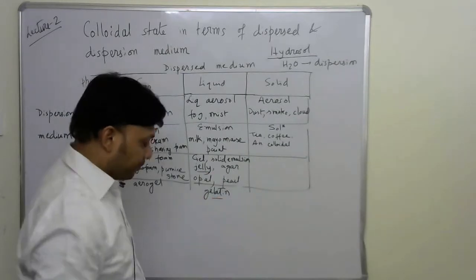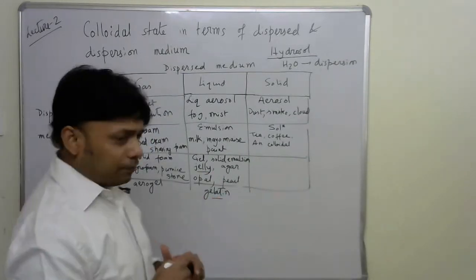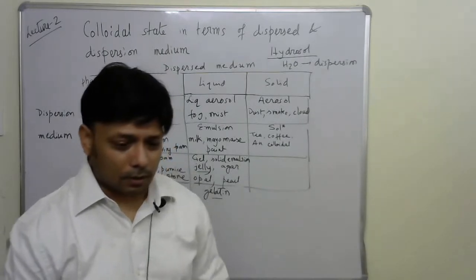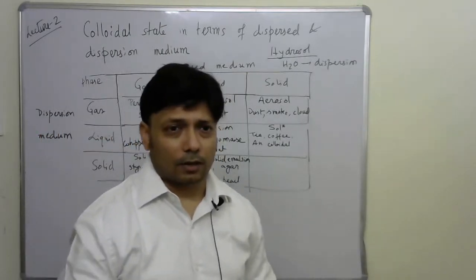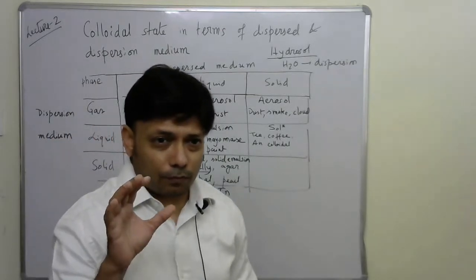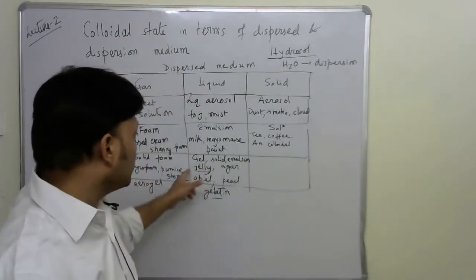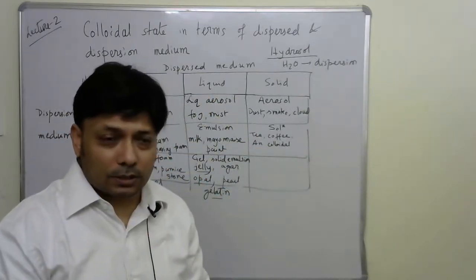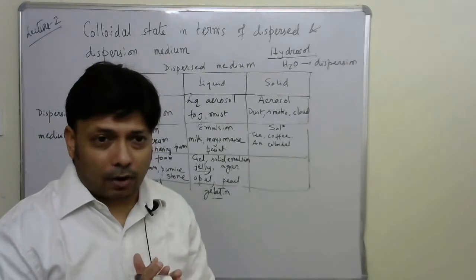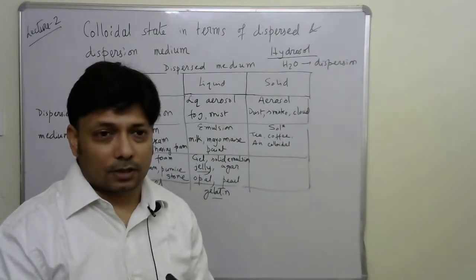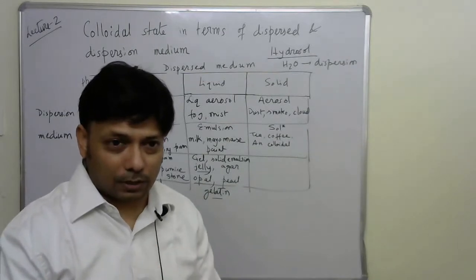jelly and gelatin. So jelly is a food item that we normally consume by spreading on bread and other baked items. So jelly is nothing but the fruit extract. So here the fruit extract is liquid fruit extract. It is dispersed in a solid polysaccharide known as pectin, which is derived from plants, and that basically makes it jelly.